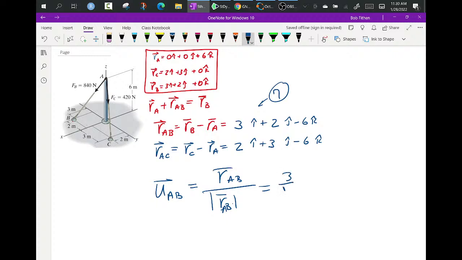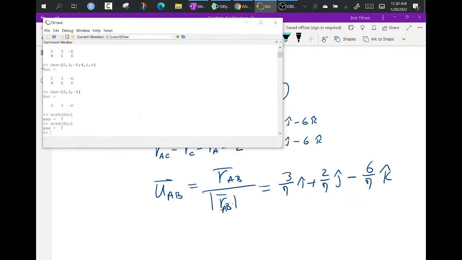It'll be 3 over 7 I plus 2 over 7 J minus 6 over 7 K. Now, if you want to see it in Matlab, the unit normal UAB is equal to RAB divided by the norm of RAB. And if you look at, for example, 3 divided by 7, you'll see this number is the same as that number. And you can go through them and show that.